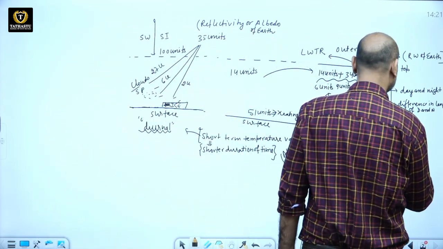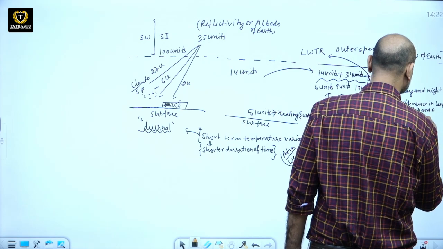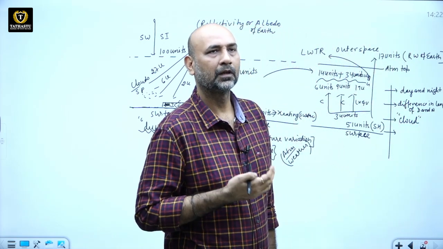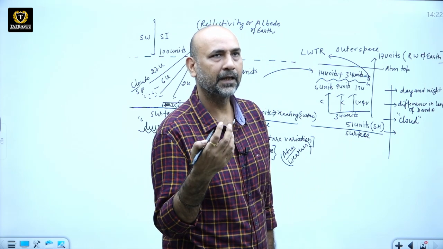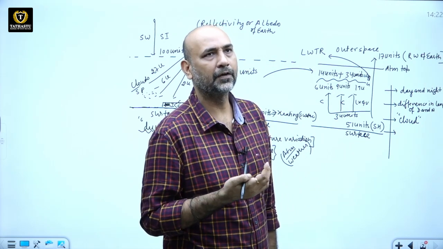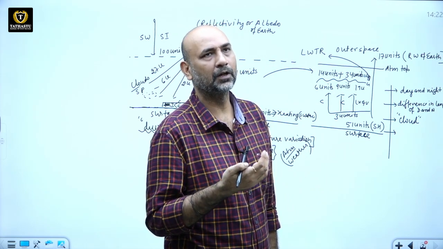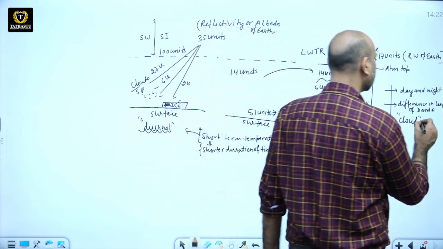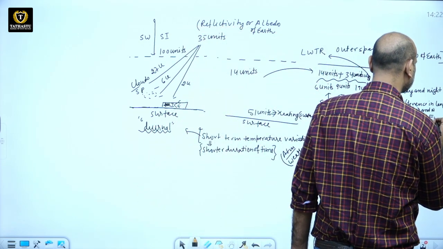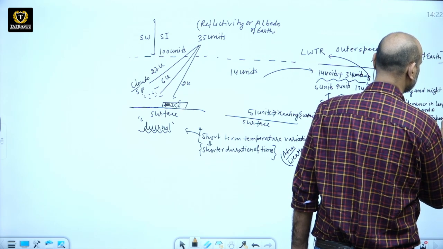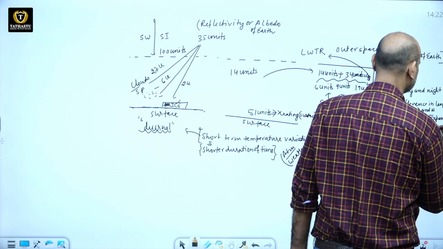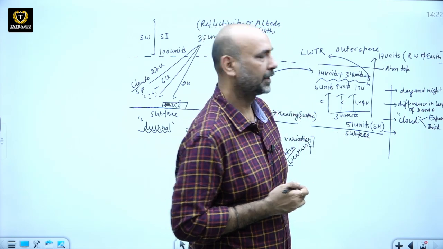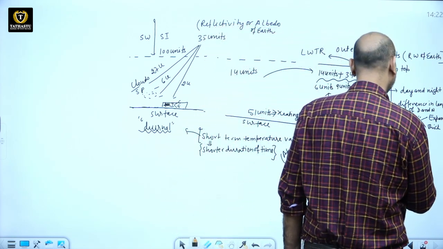Next is, which are the factors interfering into incoming shortwave solar insolation received by surface of Earth? Cloud. Greater is the thickness, greater is the expansion of the clouds, more is the interference into incoming shortwave solar insolation to the surface of Earth. So, expansion and thickness of clouds interfere with the incoming shortwave solar insolation, as well as mist and fog.